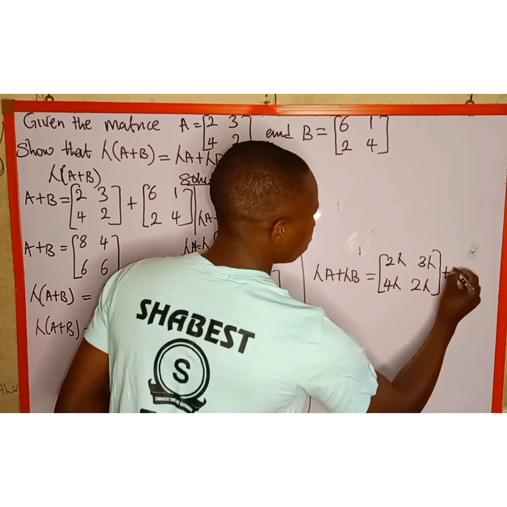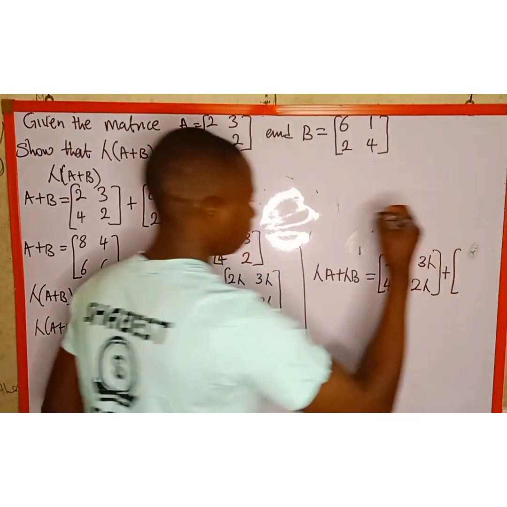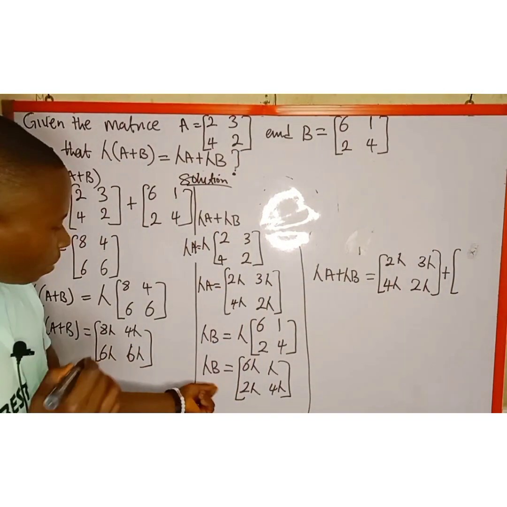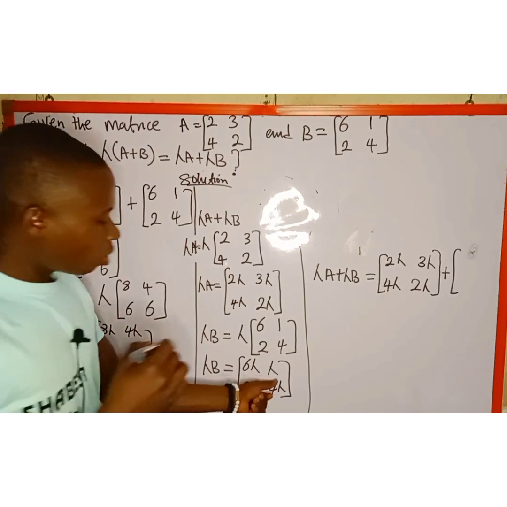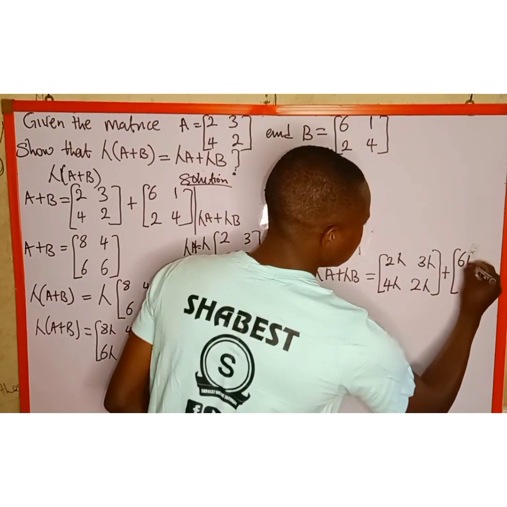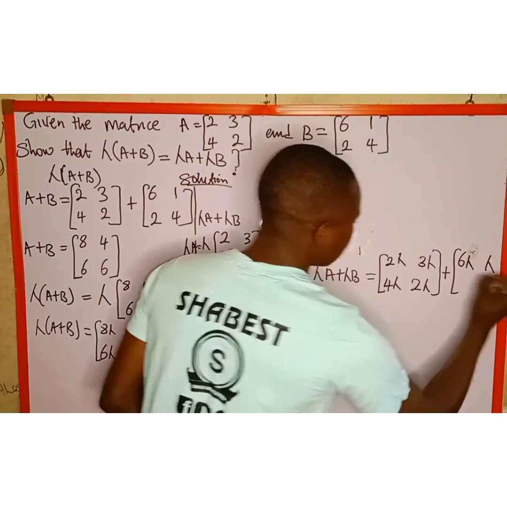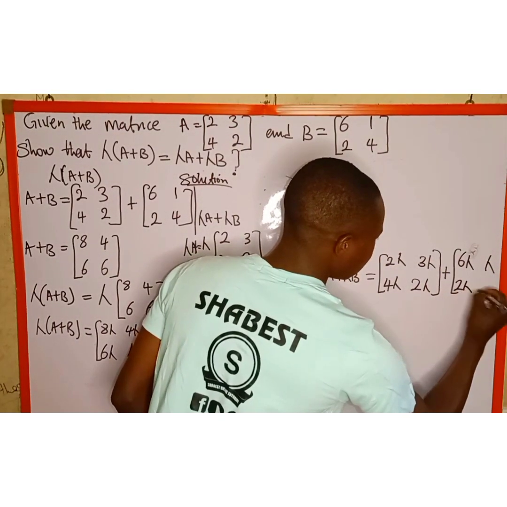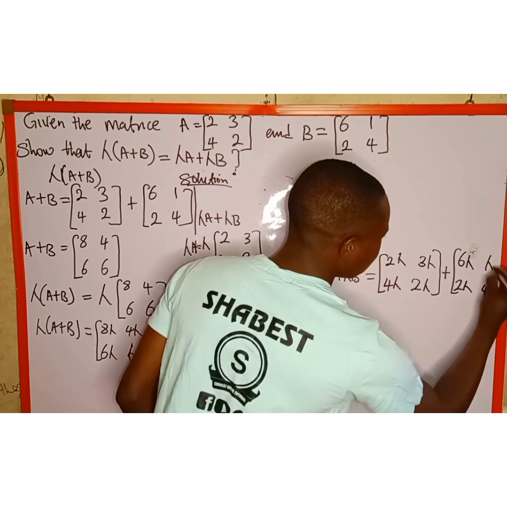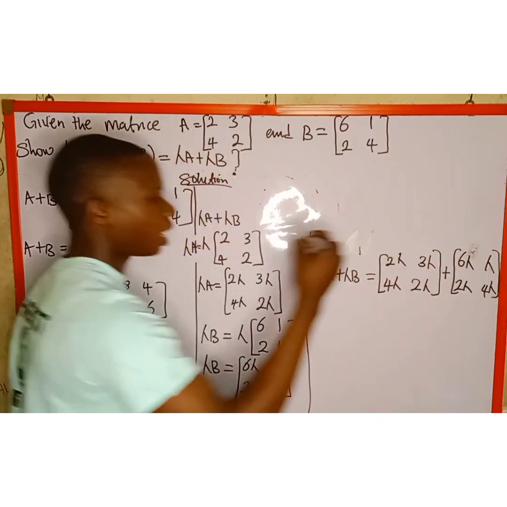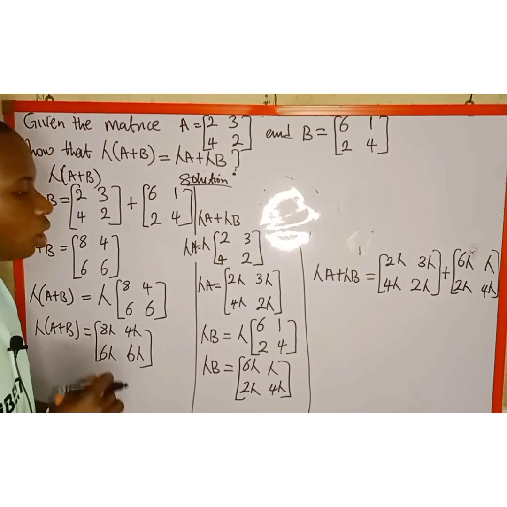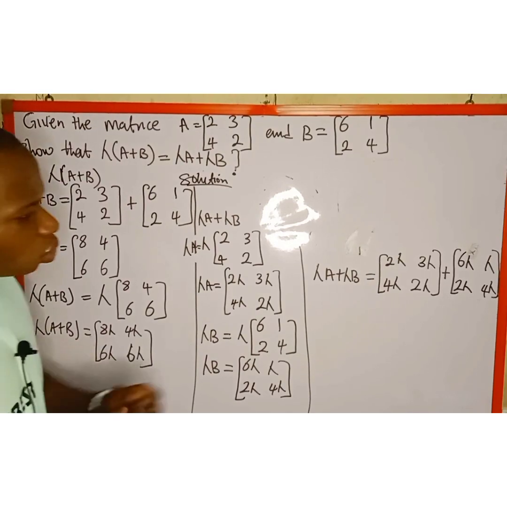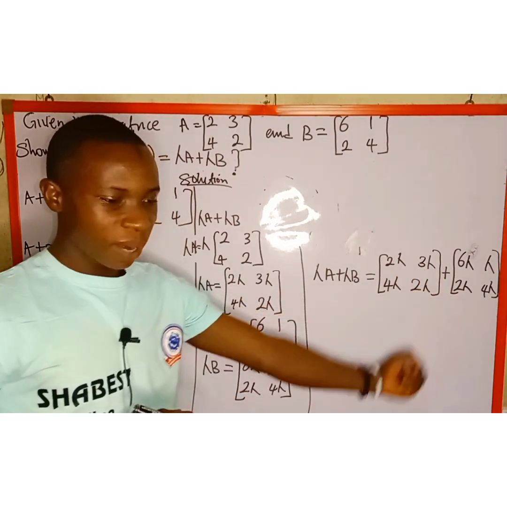Then plus we are going to add the elements of lambda B, which are 6 lambda, 1 lambda, 2 lambda, and 4 lambda. So this is the element in my lambda matrix B. The next thing to do is to add these two square matrices together.